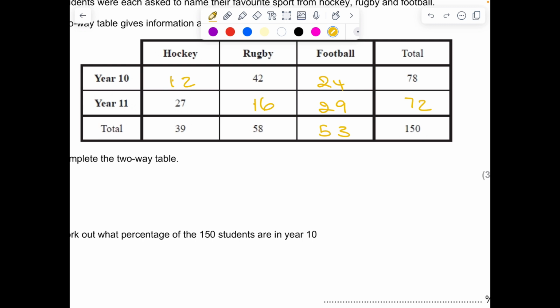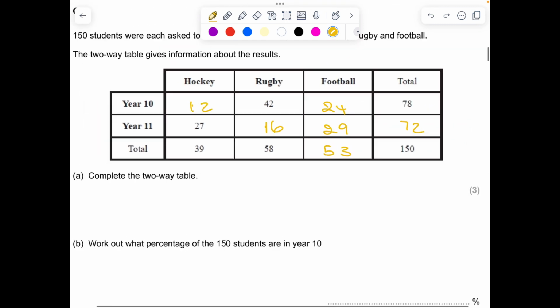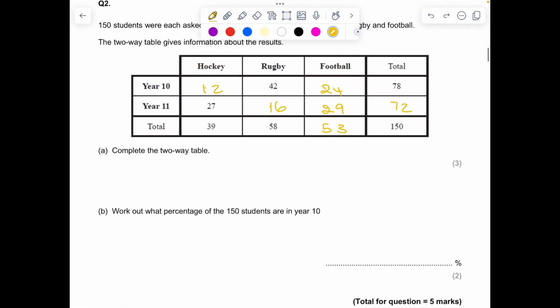Then it says work out the percentage of the 150 students that are in year 10. What percentage of the 150 students are in year 10?